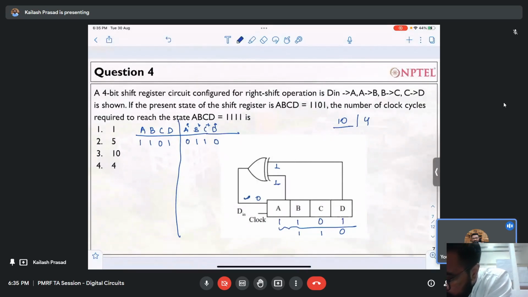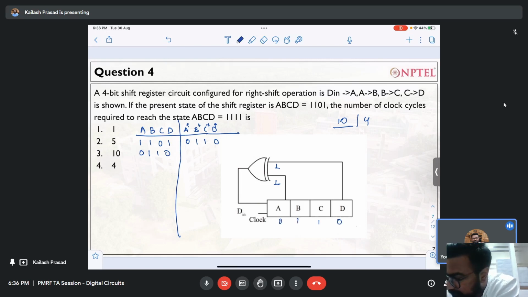Similarly, your present state will be 0110, and we have to find out the next state. If my present state is 0110, the next state will be, see, 0 will be here, 1 will be here.